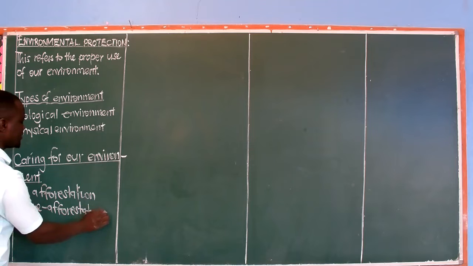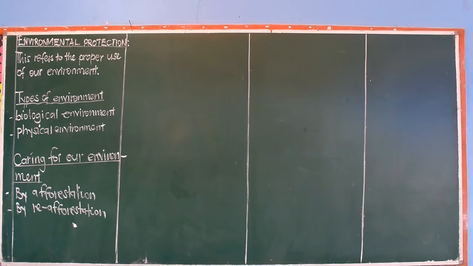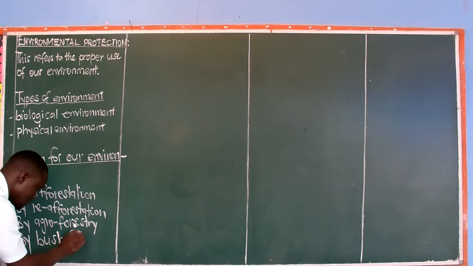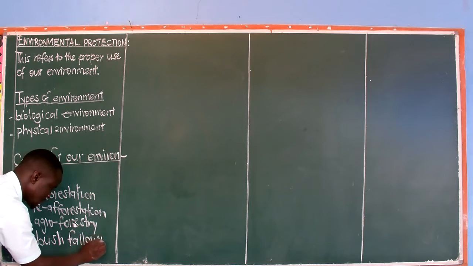It conserves the environment. Number three, we shall have what we call agroforestry. As a primary 6 semi-candidate, we should be able to define each of these terms. Then we have what we call bush fallowing.